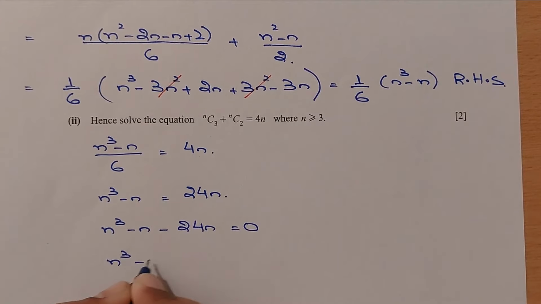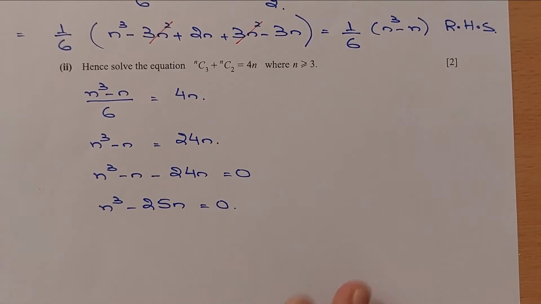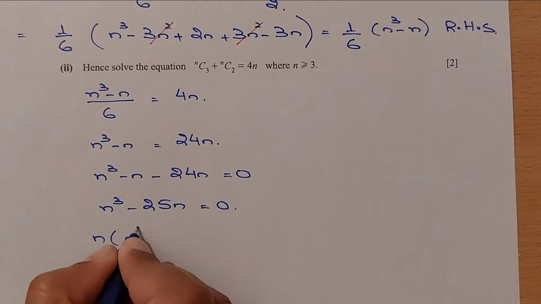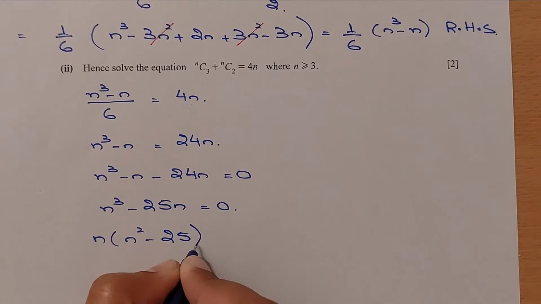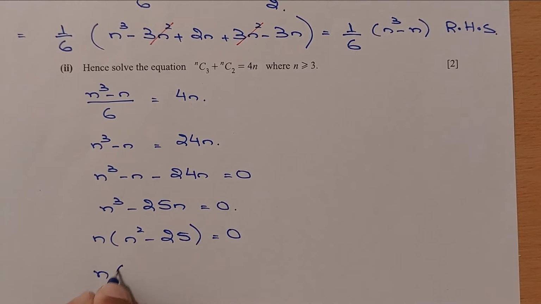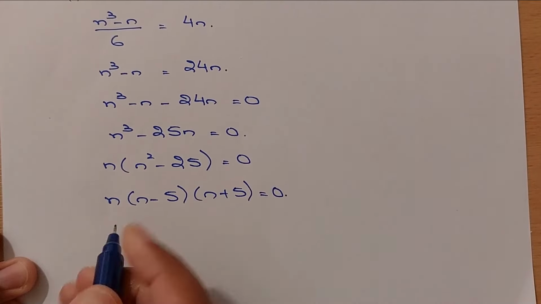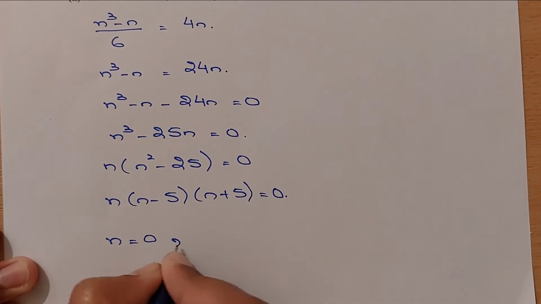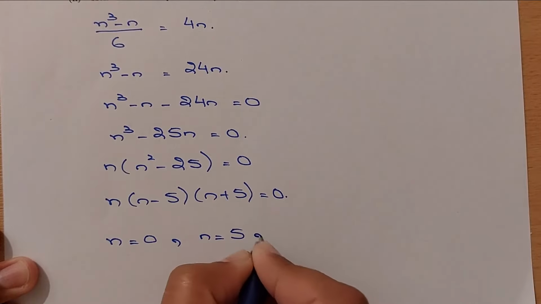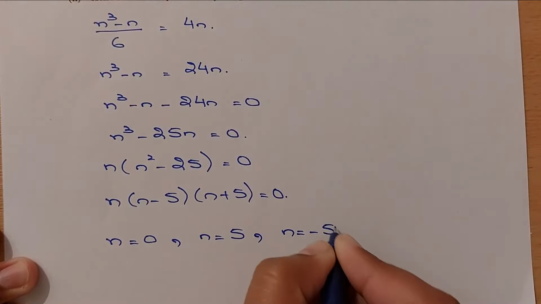So n cube minus 25n equals 0. Taking n common, we are left with n square minus 25. 25 is a square of 5. So n minus 5, n plus 5 equals 0. So the values of n are n equals 0, n equals 5, n equals minus 5.